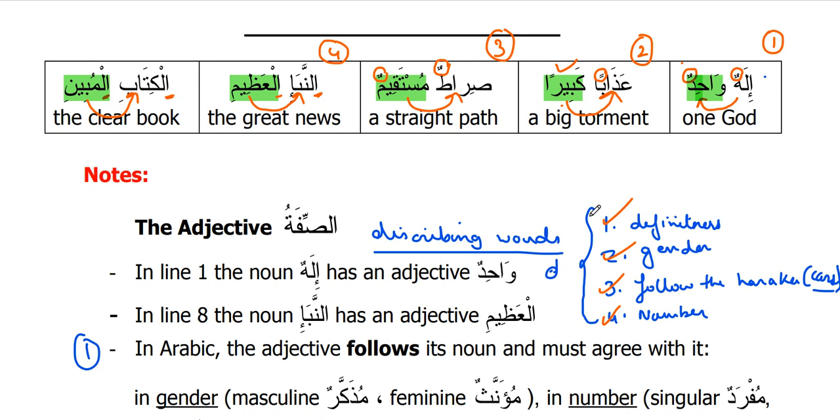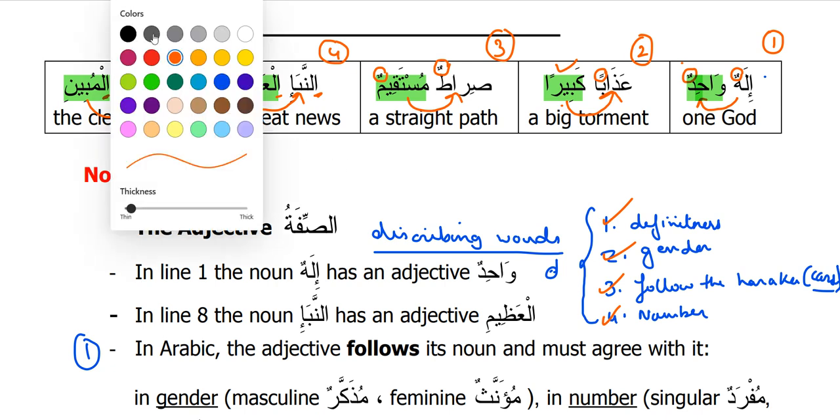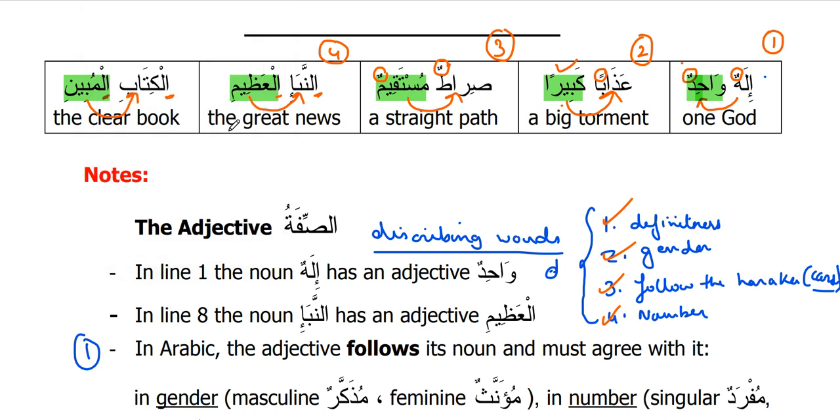What else can you see in the sifa regarding when you do in English and in Arabic? What difference do you see when you see in English? In English, when you see the great news, what do you see here?